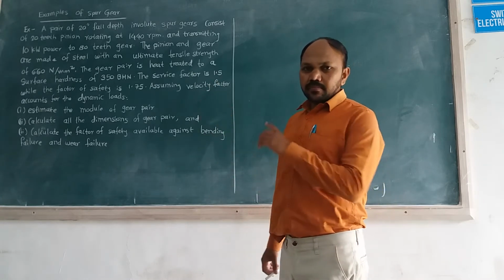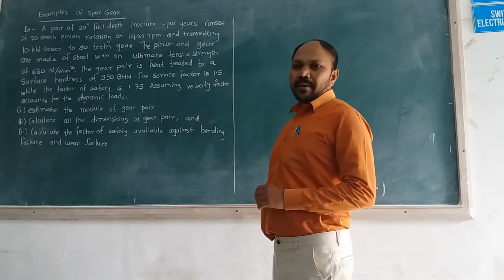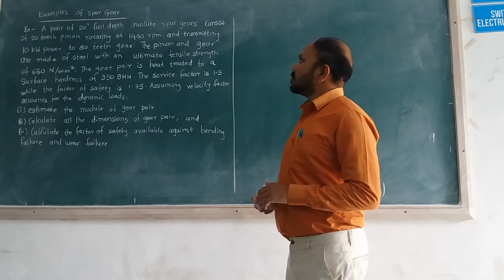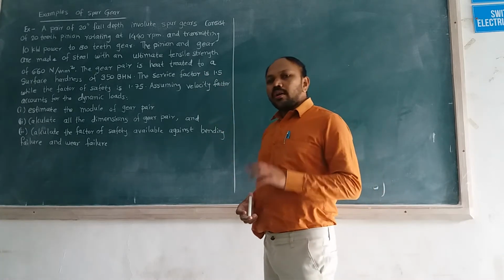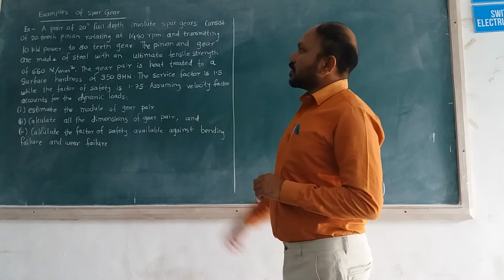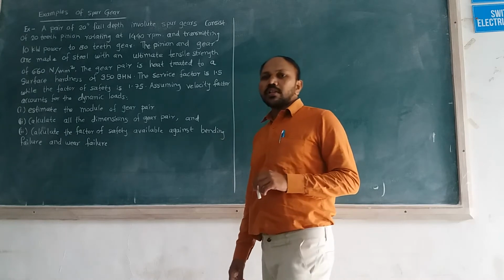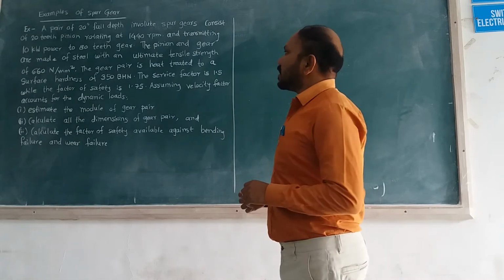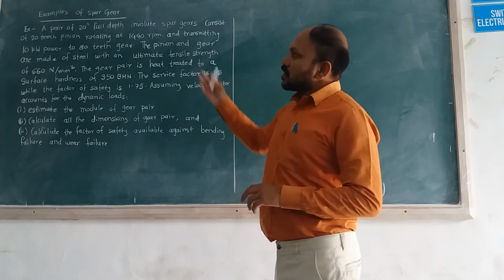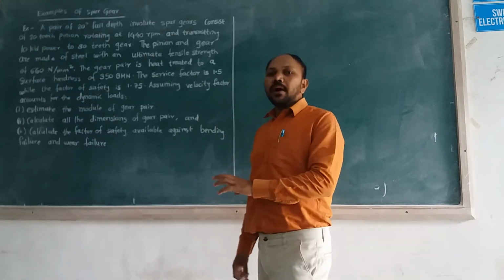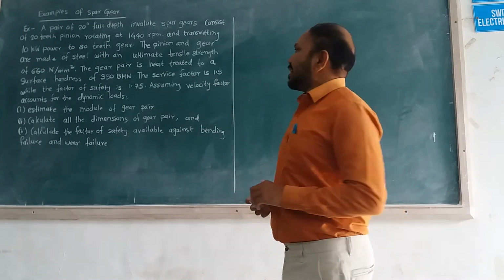In this problem, the pressure angle is given, that is 20 degrees, and the tooth type is also given, that is involute, and the gear type is spur gear, with 20 teeth on the pinion. The speed of the shaft is also given, that is 1440 rpm, and it transmits 10 kilowatt power to an 80-teeth gear. This pinion transmits the 10 kilowatt power to the gear, and the number of teeth on that gear is 80.